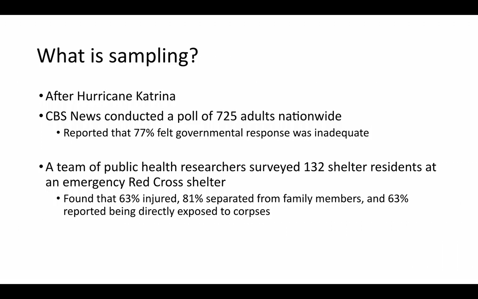Even though this is not a very small number, it's more than 100 residents, this is non-random. It's a particular site for people there. This is one emergency Red Cross shelter, but how about other shelters in other cities? So nationwide, it may not be representative.